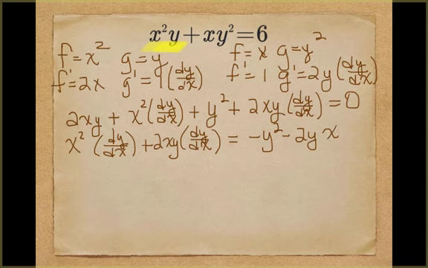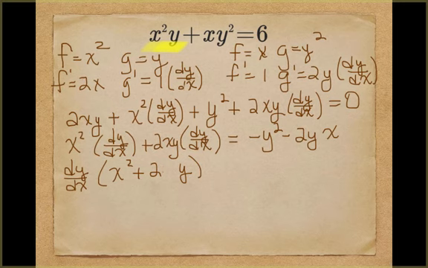Now factor out the dy dx, so it's dy dx times x squared plus 2xy equals negative y squared minus 2xy.